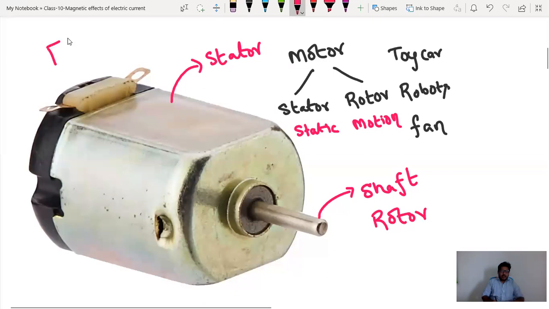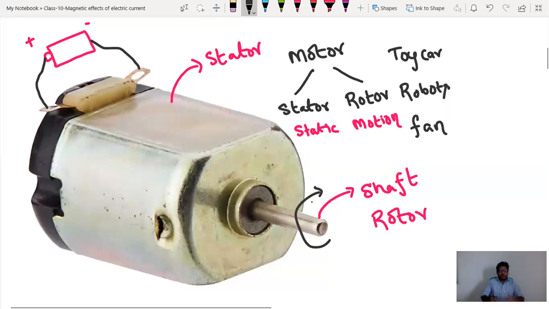If you take a battery or a small cell, consider this the positive terminal and this one the negative terminal. Take two wires, connect one wire to this terminal, another wire to this terminal. What you can observe is that this shaft will rotate, it will be in motion, and this entire part will be static. Only this shaft will be in motion, the rotor we can call it.